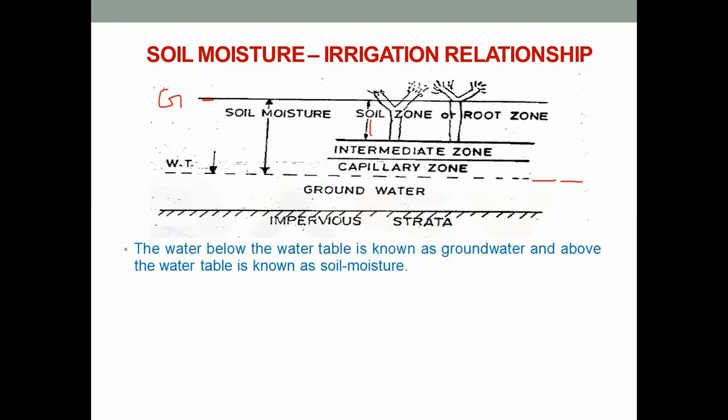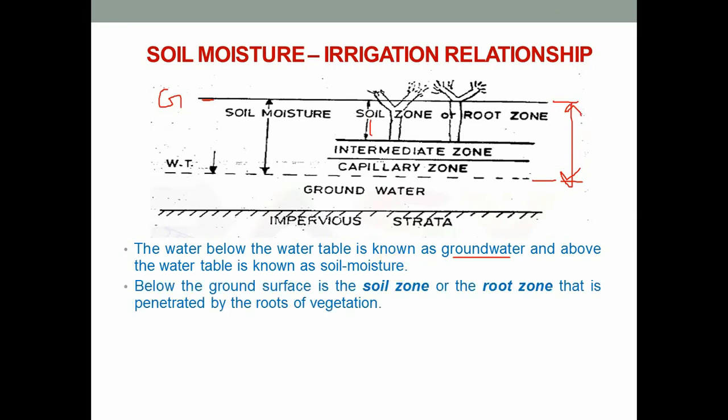Now the water below the water table is known as groundwater, and above the water table is known as soil moisture.